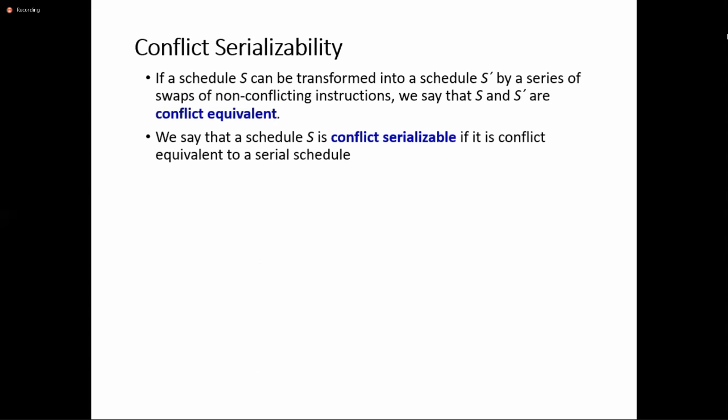Conflict serializability. If the schedule S can be transformed into the schedule S dash by a series of swaps of non-conflicting instructions, we say that S and S dash are conflict equivalent.